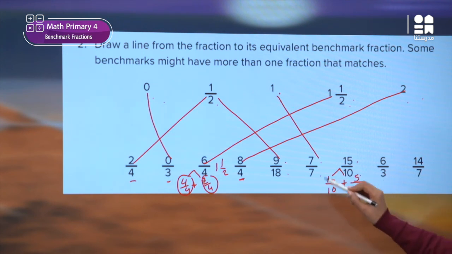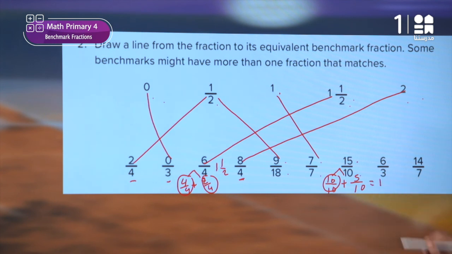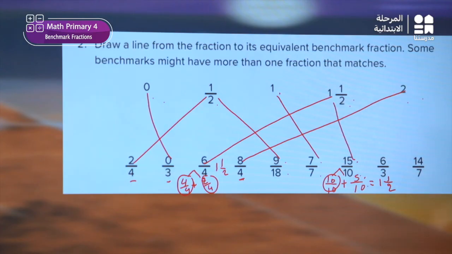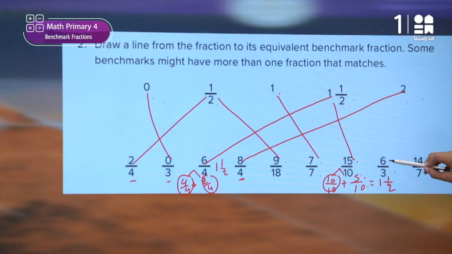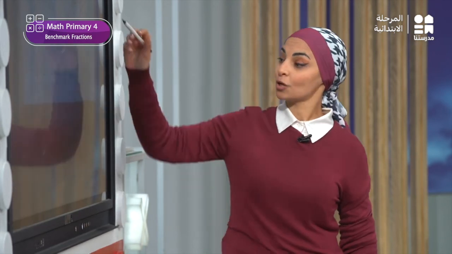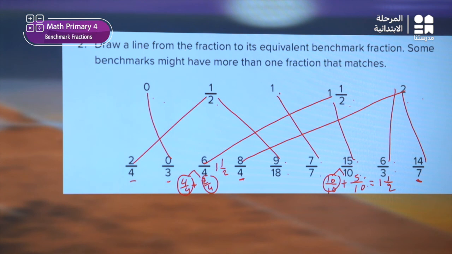We all know that 10 over 10 means a whole 1, and 5 over 10, since 5 is half of 10, means I can write it as half. So 15 over 10 is equivalent to 1 and a half, and I will match it with 1 and a half. Let's see the next fraction, 6 over 3. 6 divided by 3 equals 2, so I will match it with 2. Now the last fraction, which is 14 over 7. Of course, 14 divided by 7 gives me 2, so the equivalent one is 2.